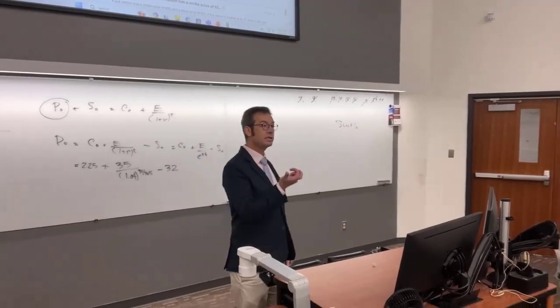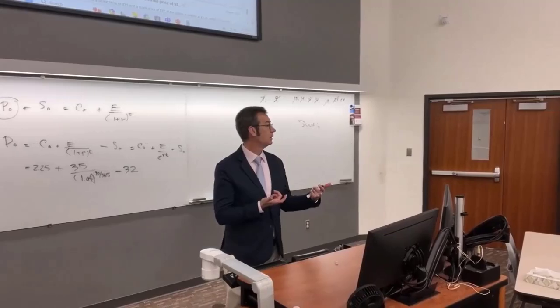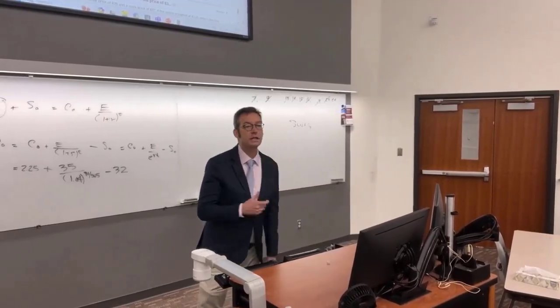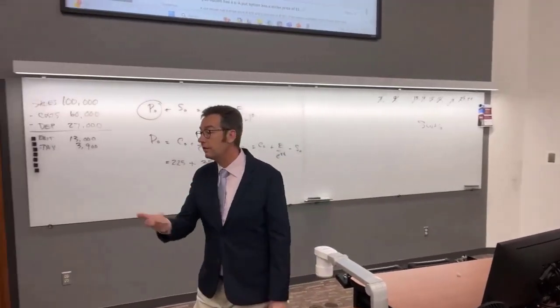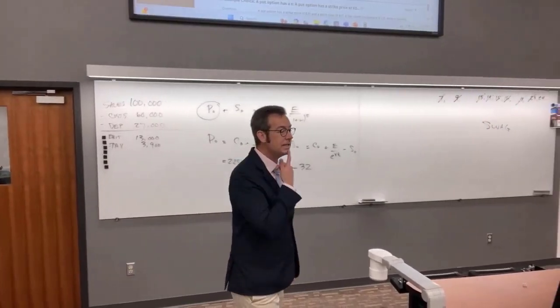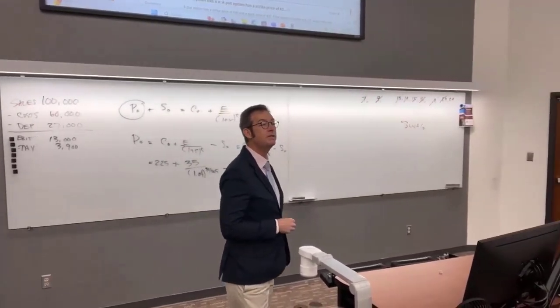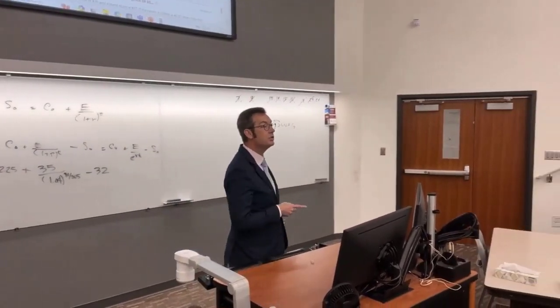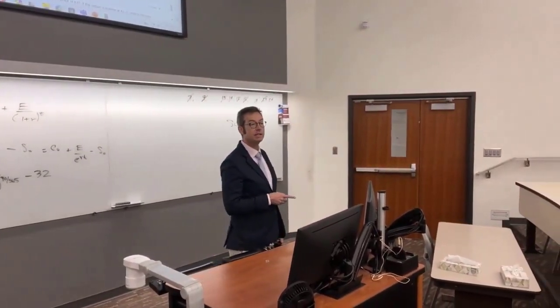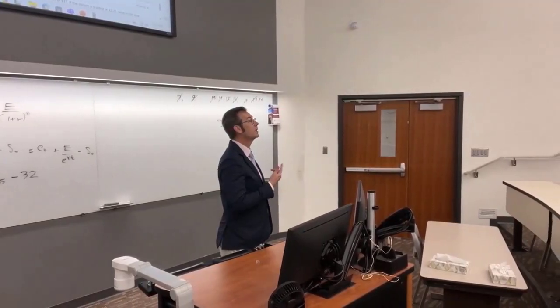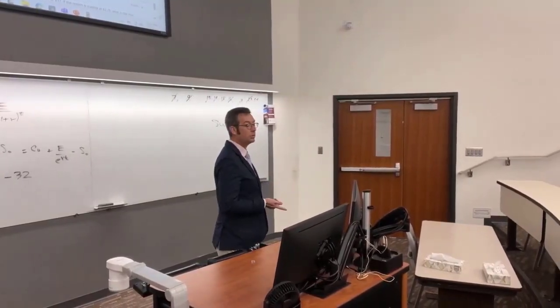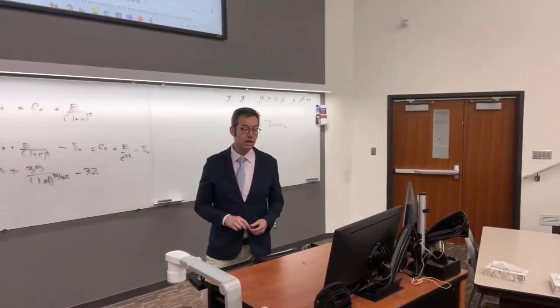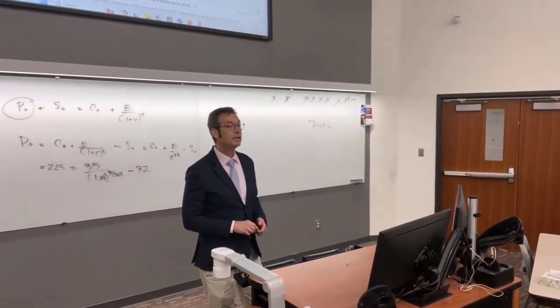Which is greater, positive $2.50 or zero? Positive $2.50. So there we go. That's the intrinsic value. But this thing is actually selling for $2.75. $2.75 minus $2.50 leaves me with 25 cents. So 25 cents is the speculative or time value embedded in the option.